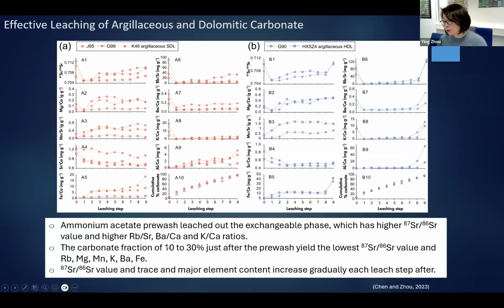And the carbonate fraction, basically step 1, step 2 and step 3, or both, yields the lowest strontium isotope ratio, and of course also the lowest diagenetic or contaminant-related elements. Then after step 2 or 3, we can see the strontium isotope value and the trace and major element content increase gradually with each step.